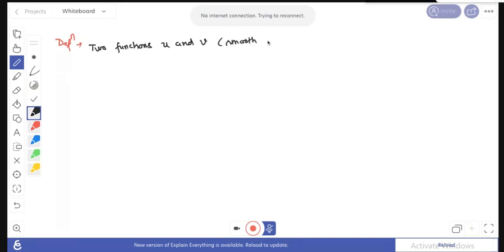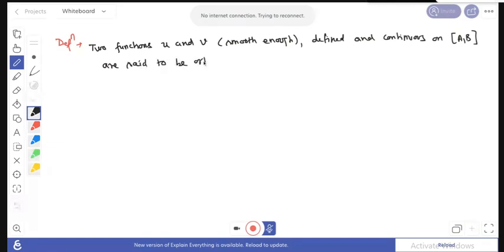Okay, so this is smooth enough. These two functions u and v, which are defined and continuous on the given domain [a, b], are said to be orthogonal.